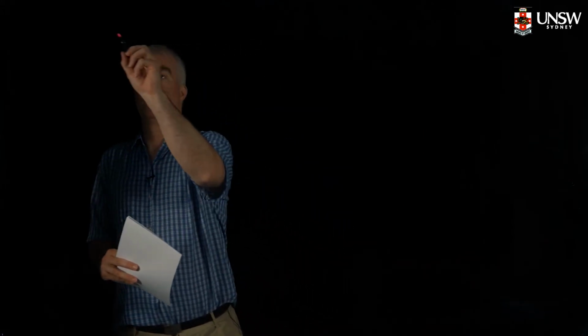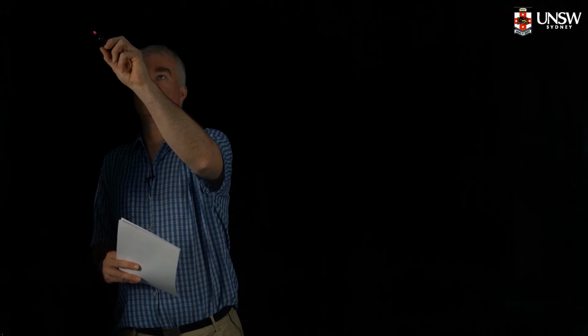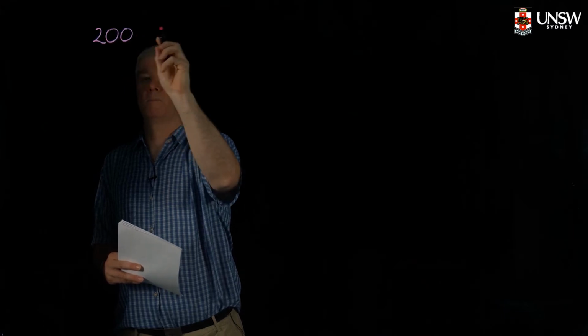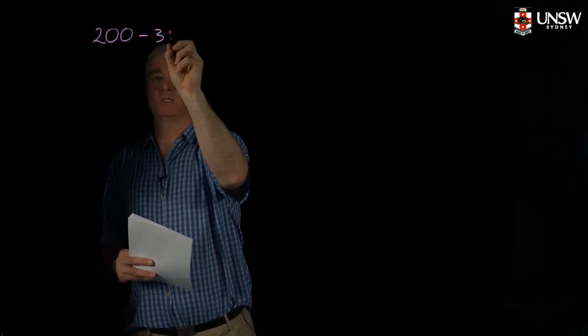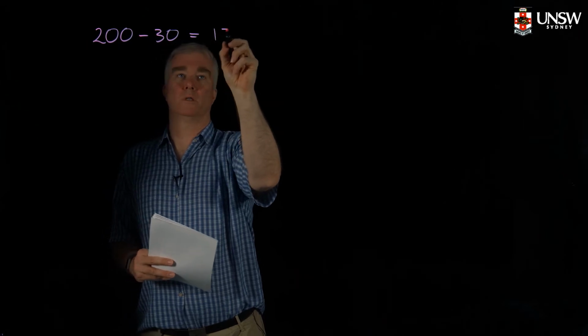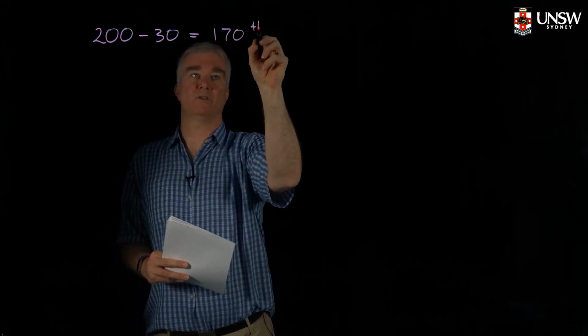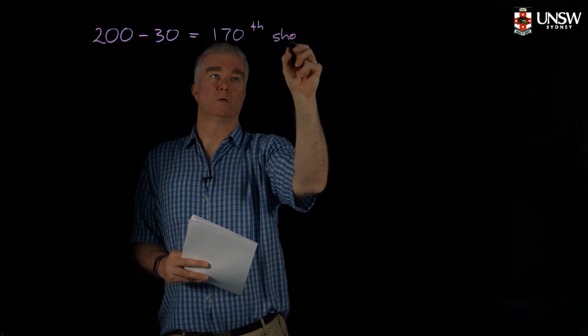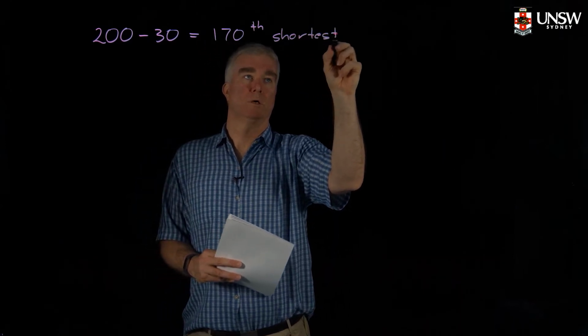So we're saying that we've got 200 chains and we want to know the 30th longest chain. Now the 30th longest chain, so we've got 200 minus 30 equals the 170th shortest chain.